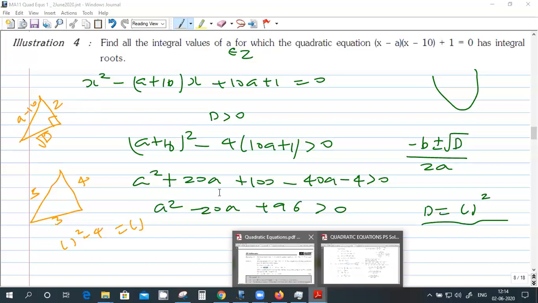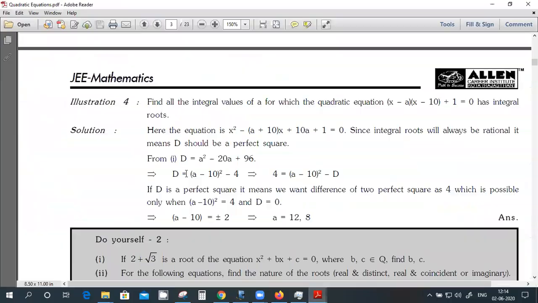Convince yourself, this is possible only when this is 4. So that's why D has to be 0.